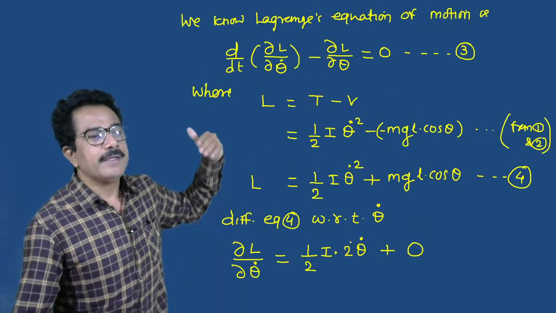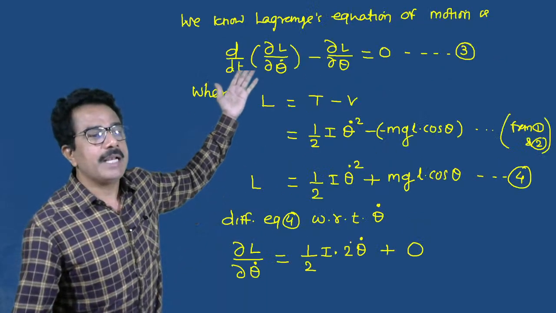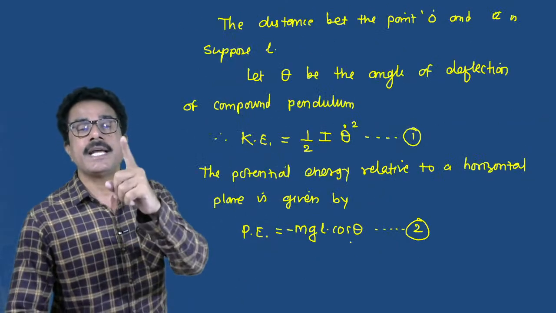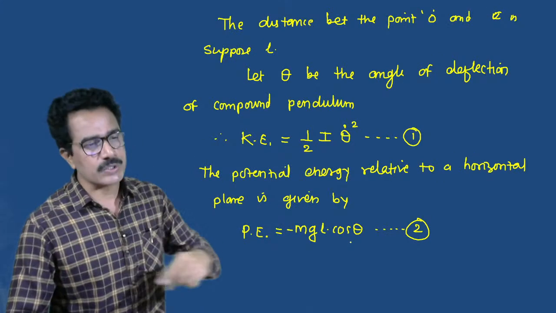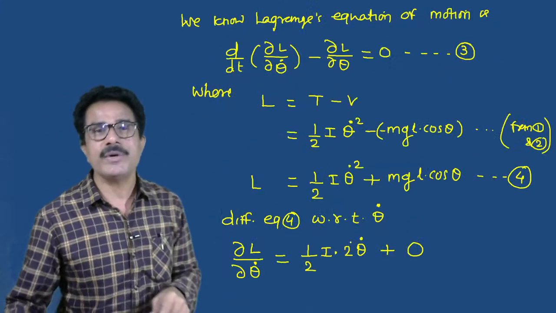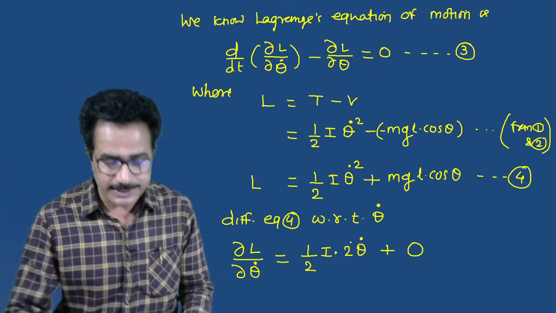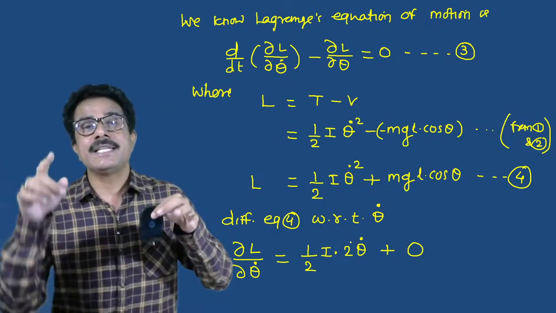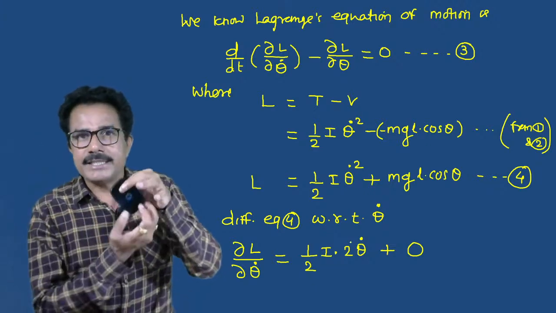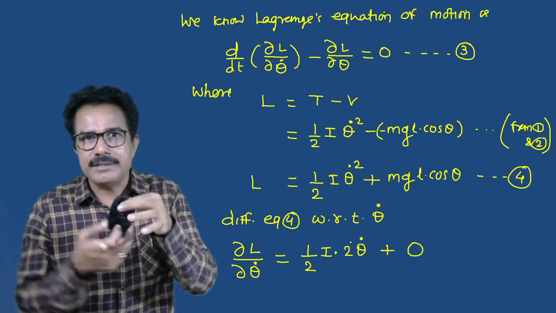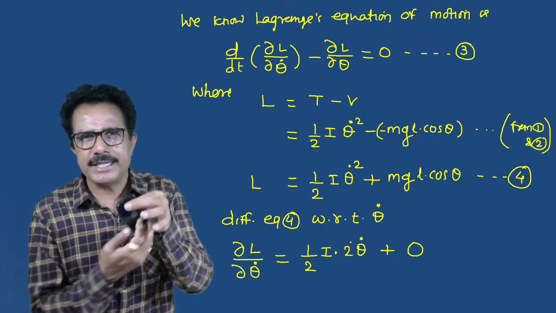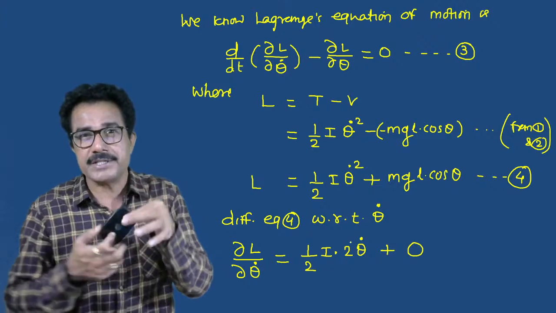Then we can write according to Lagrange's equation of motion. Here theta is a generalized coordinate, you must know. Why can we say that theta is a generalized coordinate? Because at the time of oscillation theta continuously changes, increasing, decreasing, increasing, decreasing.